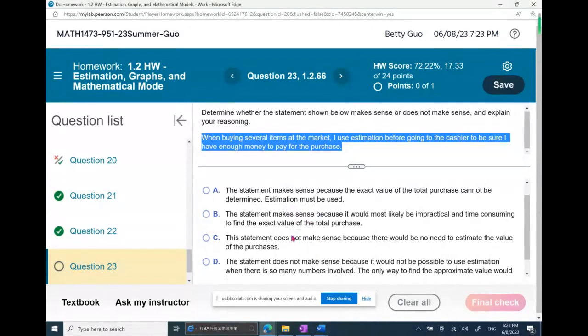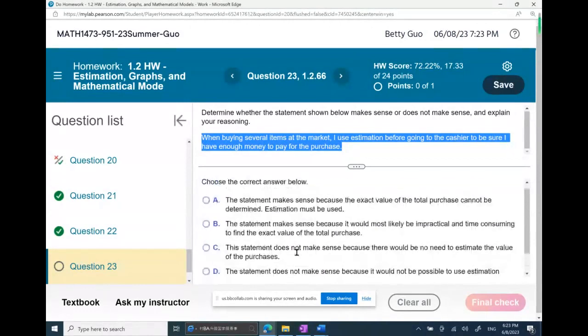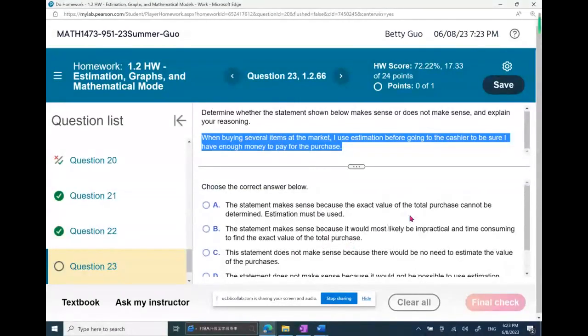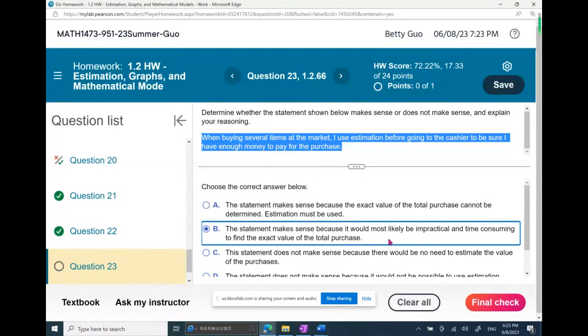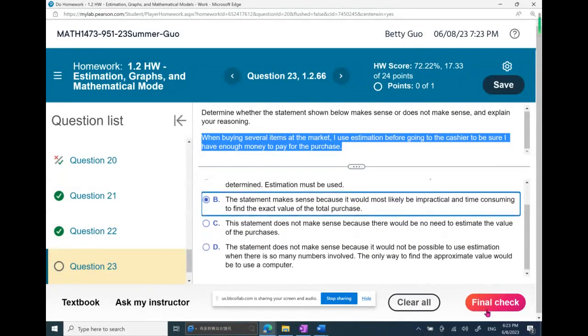The statement makes sense. So we choose A or B, because the exact value cannot be determined. You could use a calculator, it just takes a little bit of time. It still makes sense because it would most likely be impractical and time-consuming to find the exact value of the total purchase. Yeah, that one makes sense.